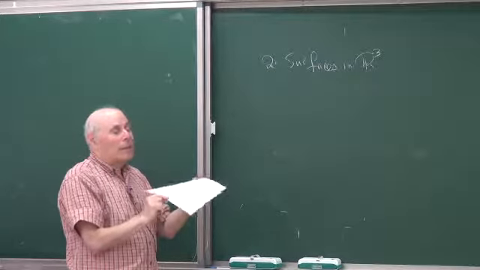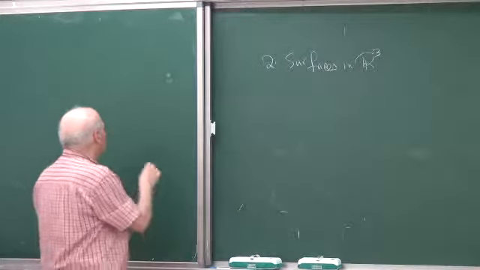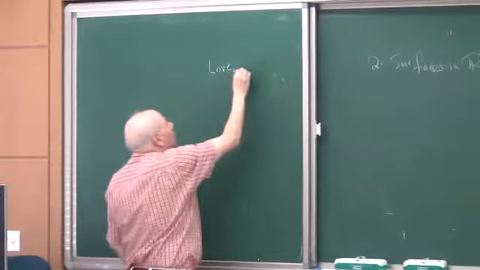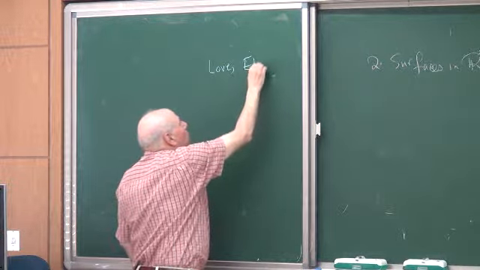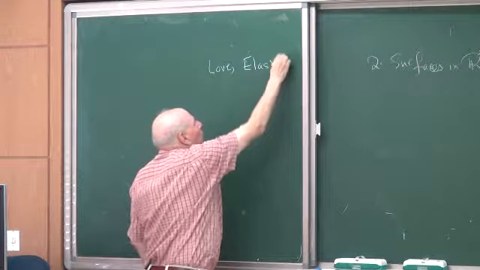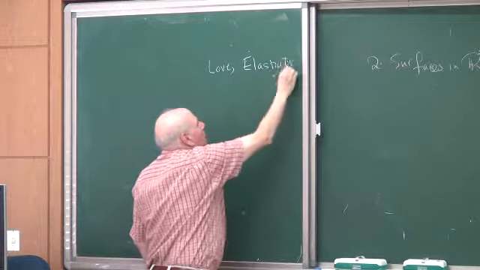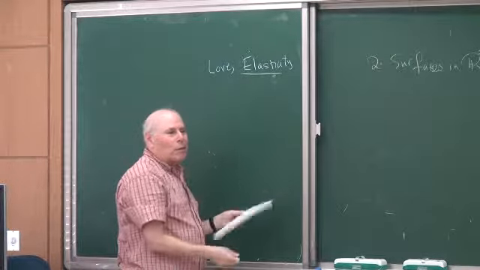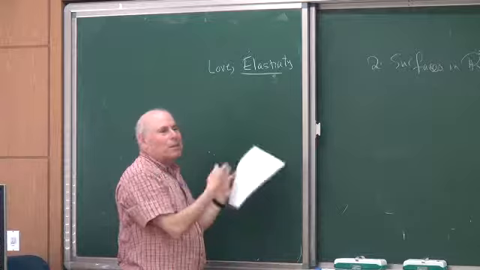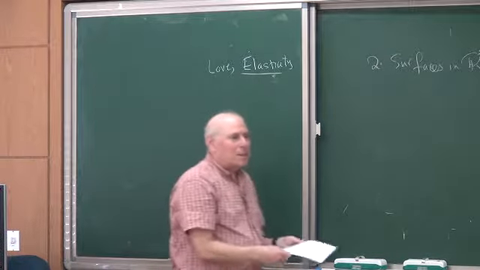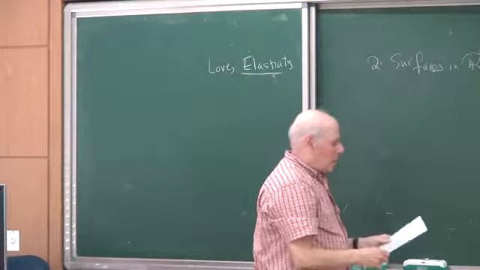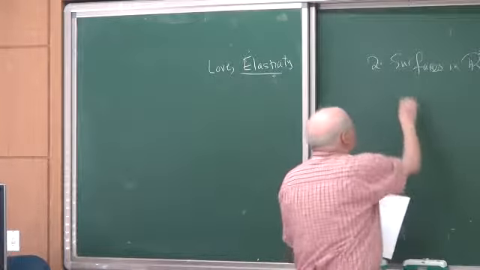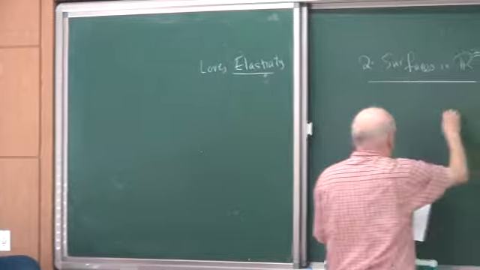If you take a book on elasticity, for example, the old paperback by Love, Elasticity, at the end of the book the last chapters are devoted to shell theory, and what do they have in the shell theory? Geometry. Okay, so let's do surfaces in R3.